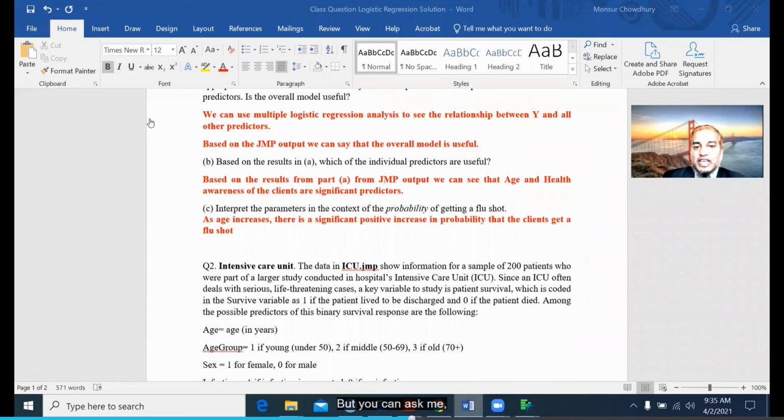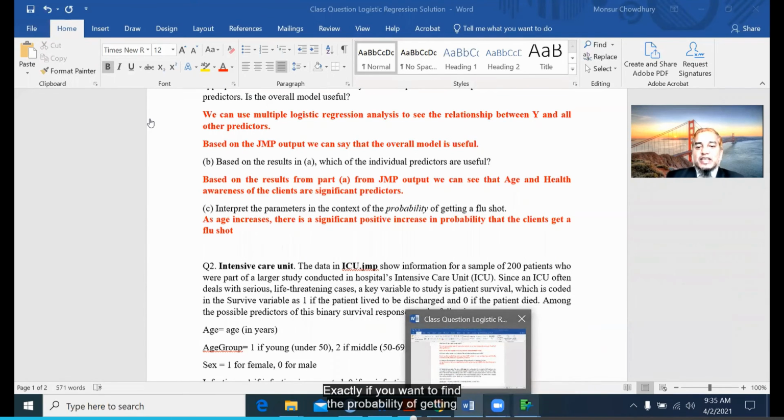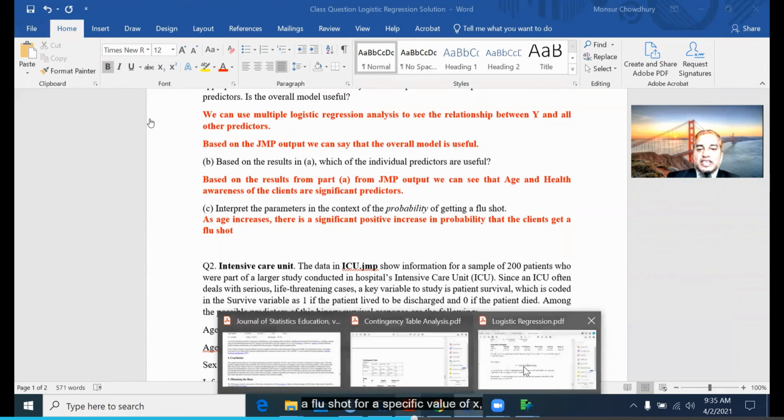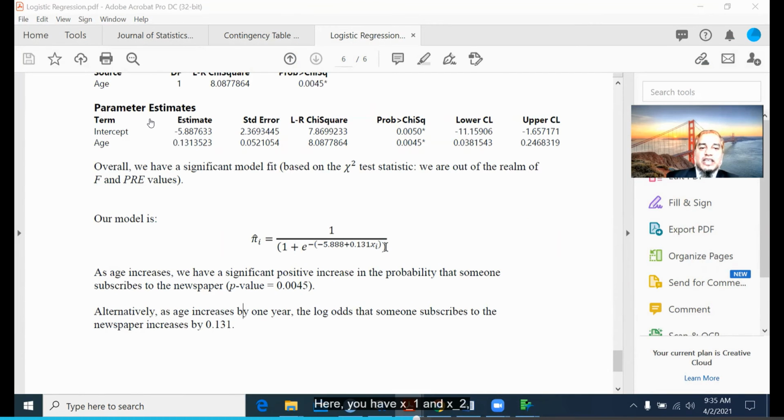You can ask me, how do I know what the probability of getting a flu shot is? Exactly. If you want to find the probability of getting a flu shot for a specific value of x, then you have to use these equations. Here you have x1 and x2, and then you can get the probability of getting a flu shot for a specific value of x1 and x2.